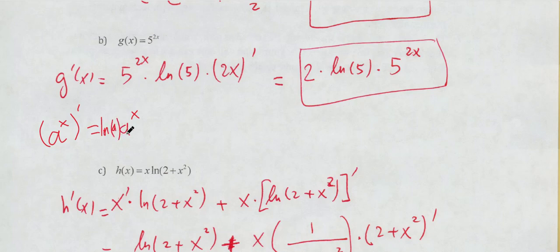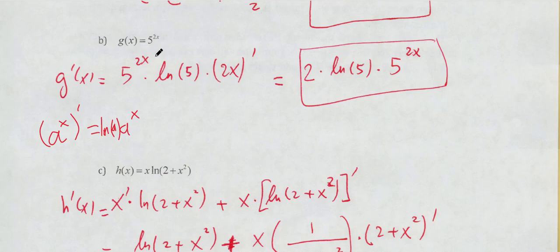So ln of a, the base, is multiplied by the same original function. Here a is any constant base, and x is the variable in the exponent.